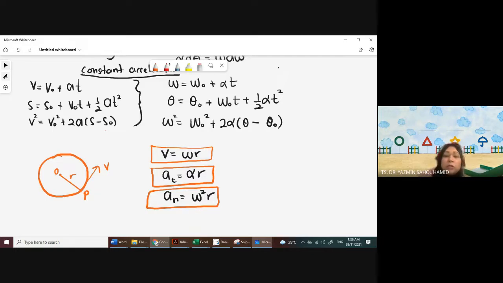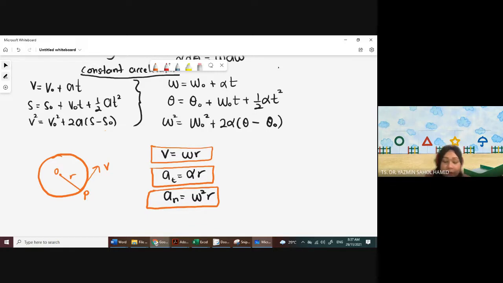Now, let's go into what are the important things that we have discussed today. A rigid body, you must understand, can undergo two types of translation. One is the rectilinear translation, that is following a straight line, and then we have the curvilinear translation, that is following a curved path.